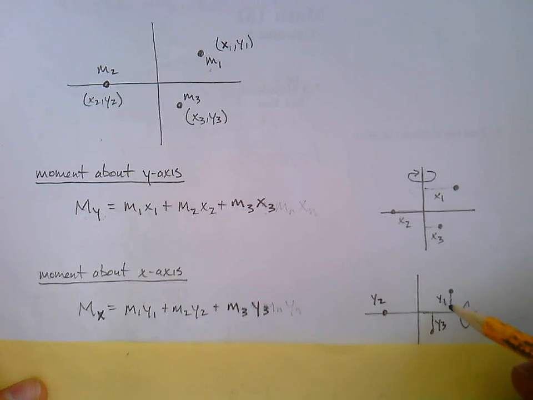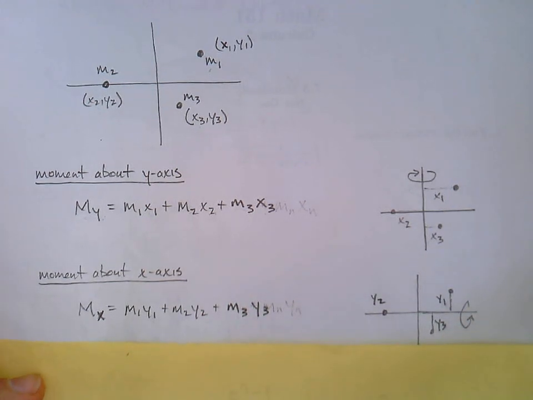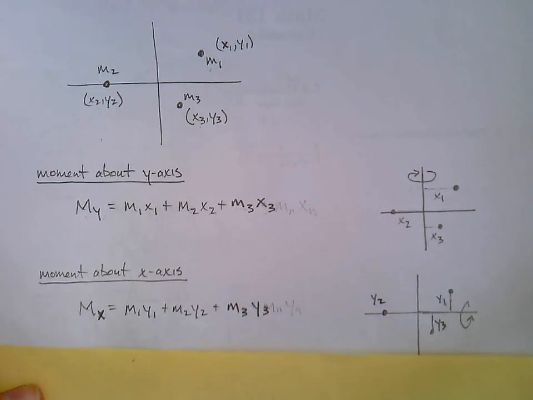Now all we care about is those vertical distances. How far are you away from the x-axis? That would cause the vertical rotation. And in this case, you can see that y2 would be 0. And so if y2 is 0, that doesn't play any effect in the rotation this way. It would all come down to m1 here and m2 there and their distances.